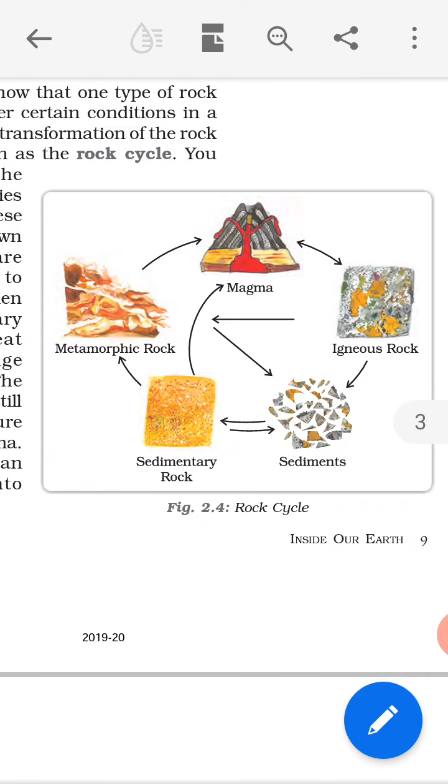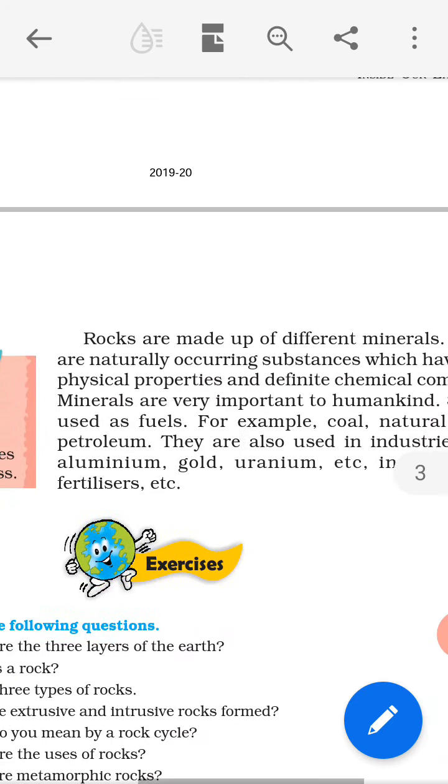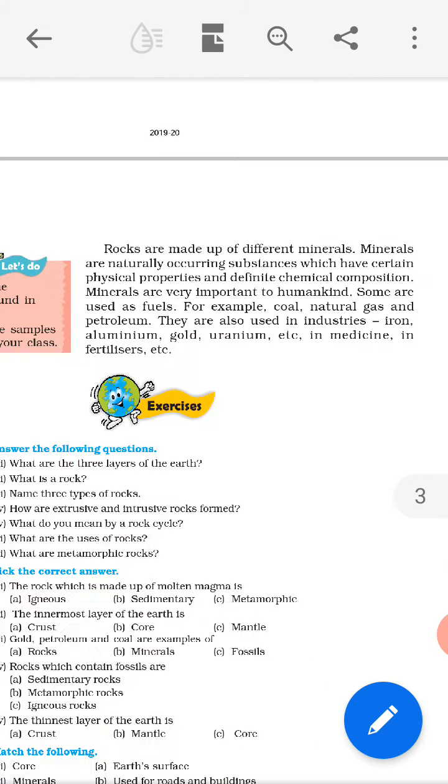Now see page number 10, this one. Rocks are made up of different minerals. Minerals are naturally occurring substances.